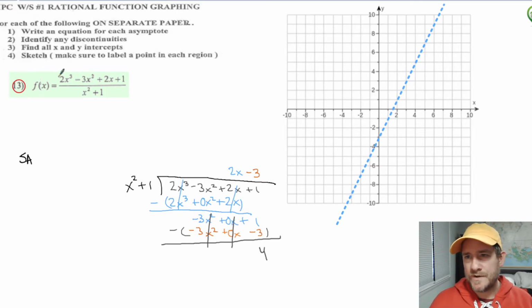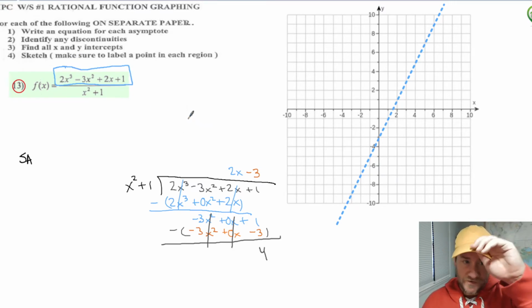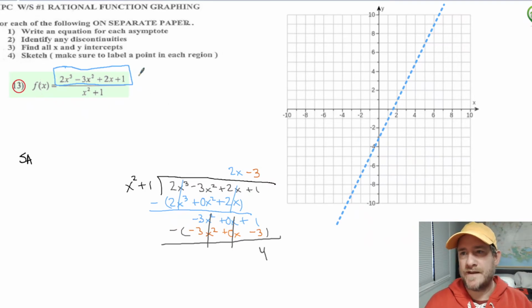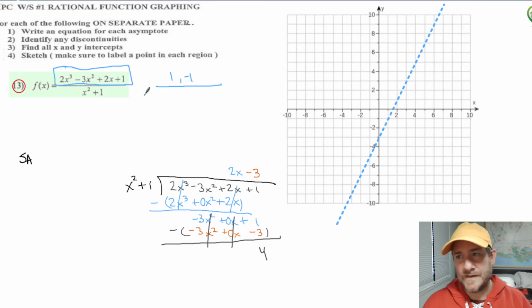But we are supposed to remember that for polynomial functions like the one in the numerator, the only clean rational zeros they have are the ones where you take the factors of the constant, which in this case would be 1 and -1, and you divide that by the factors of the leading coefficient, which would be 1, -1, 2, and -2.